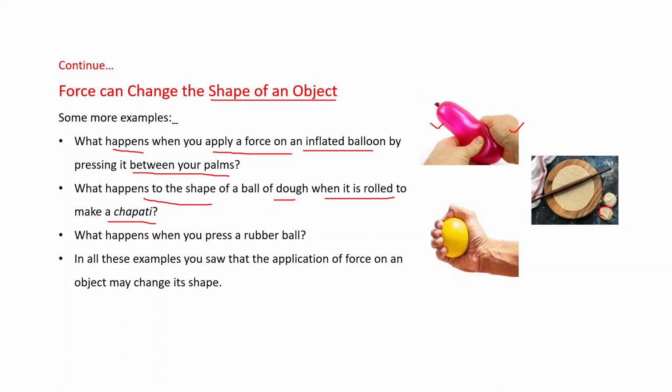This is the lump of dough and you are applying the force. Then this will become chapati. Again, shape is changed. What happens when you press a rubber ball? This rubber ball is spherical, and when you apply the force, its shape will change. In all these examples, you saw that application of force on an object may change its shape.